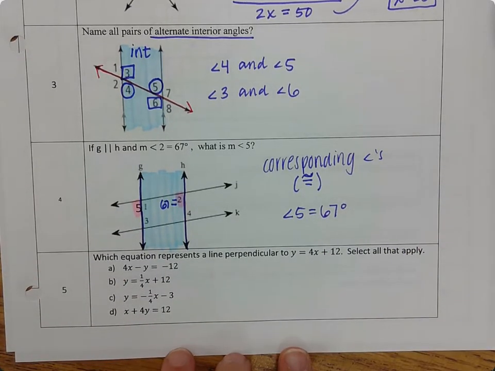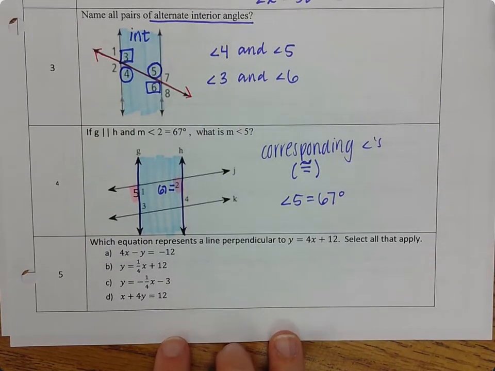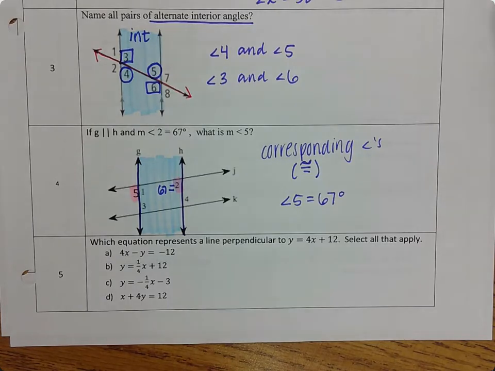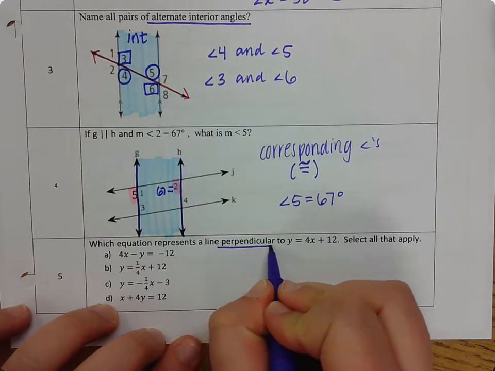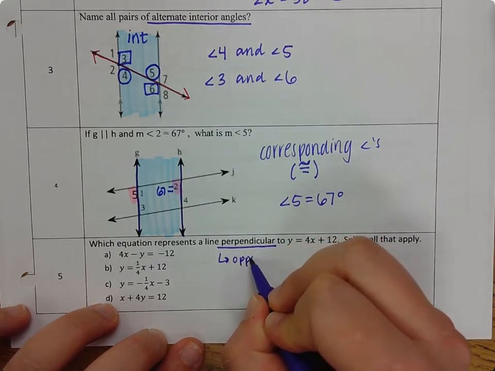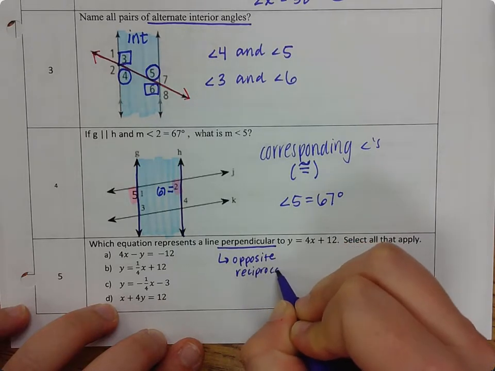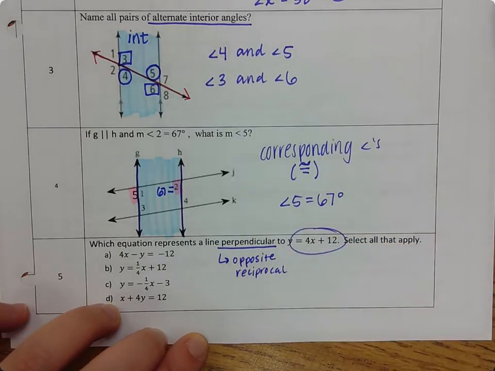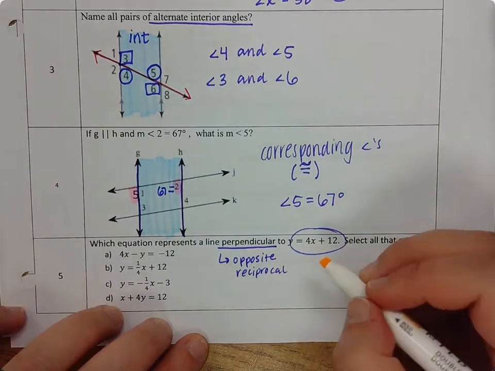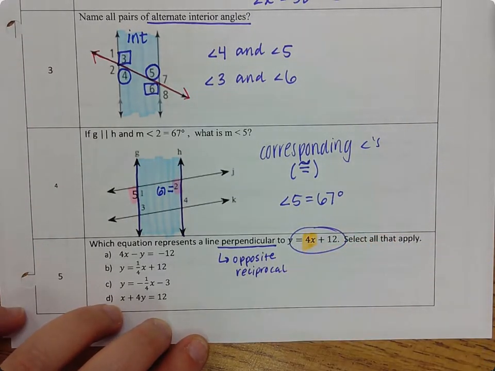We want to answer number 5: which equation represents a line perpendicular to y equals 4x plus 12? Remember, perpendicular means that we have opposite reciprocal slopes. If we take a look at this equation right here, the slope of this line is the number in front of x.